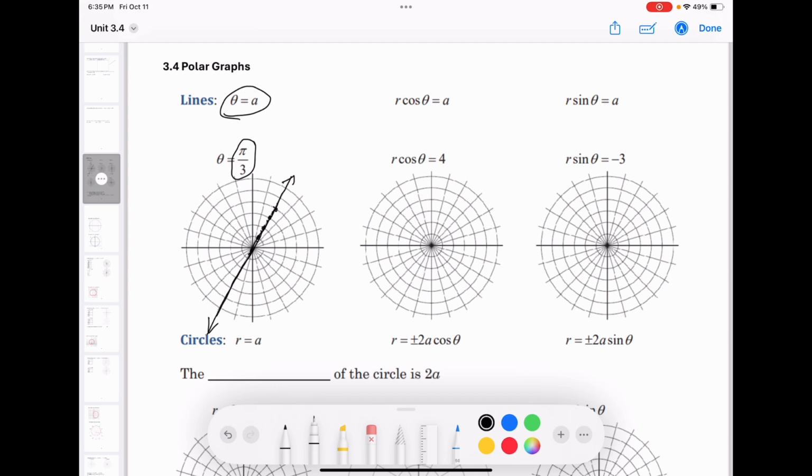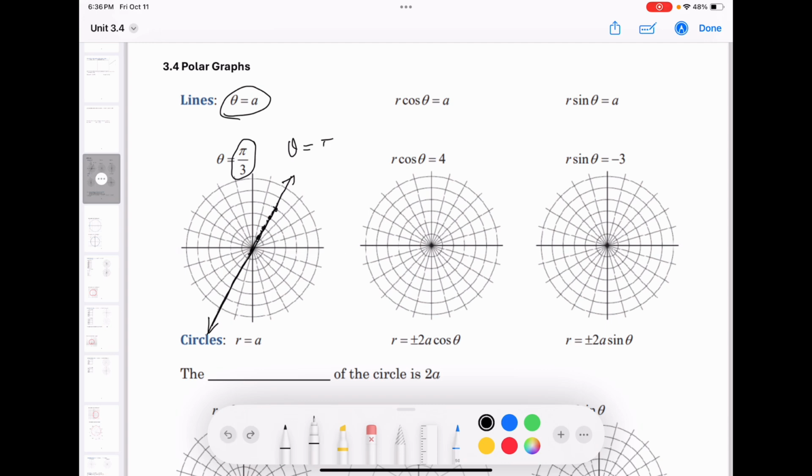Connect them, so this is a straight line. If you have theta, the angle, equal to a value, that's a straight line. For example, if theta is equal to pi, it is a horizontal line that goes through the origin.